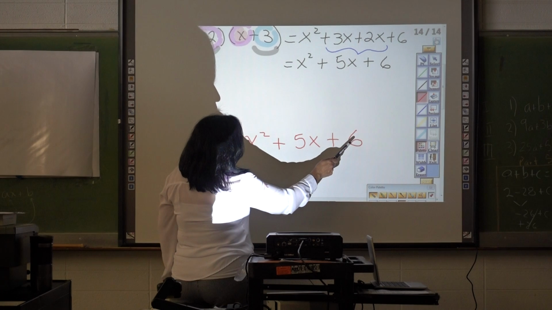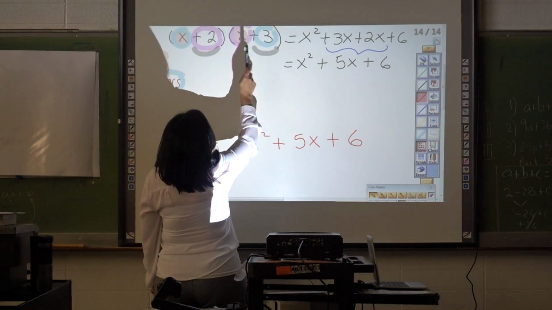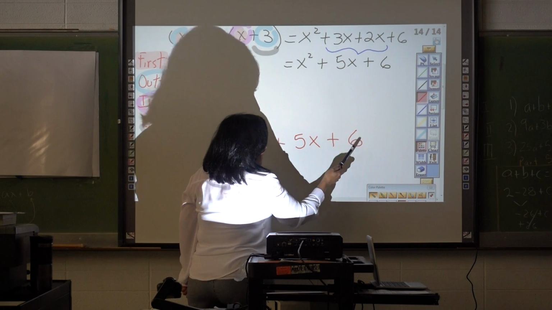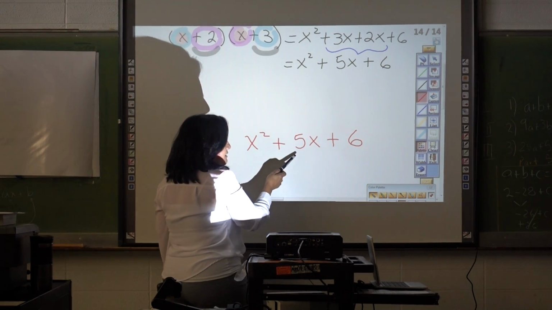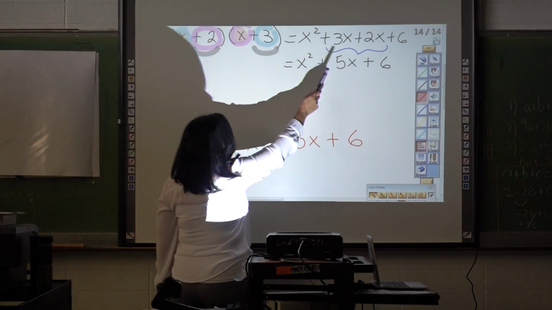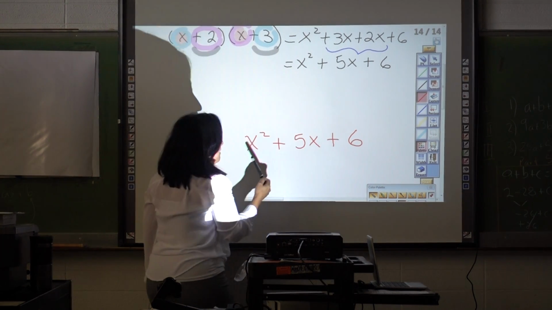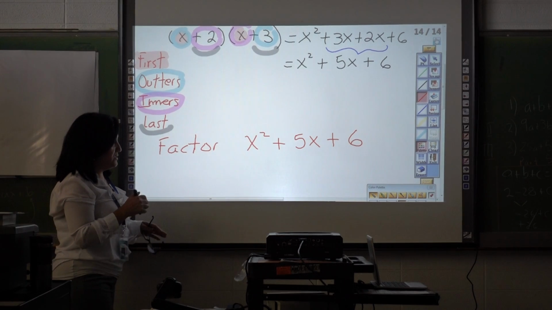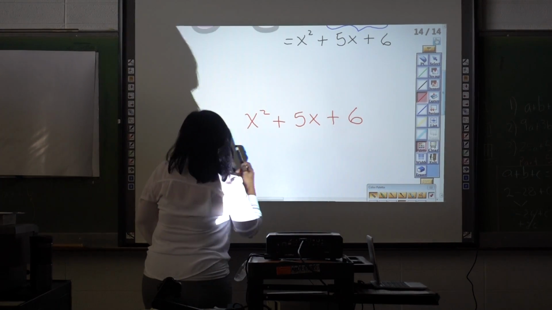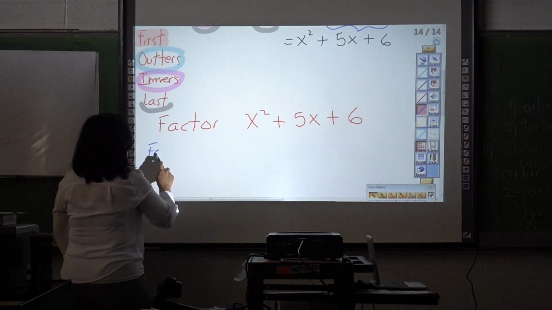I need two factors of 6 that, when I add them, I get 5. When I multiply those two, it's 6, and when I add them, I get 5. So we're going in the reverse process, like I said. So think about factors of 6.